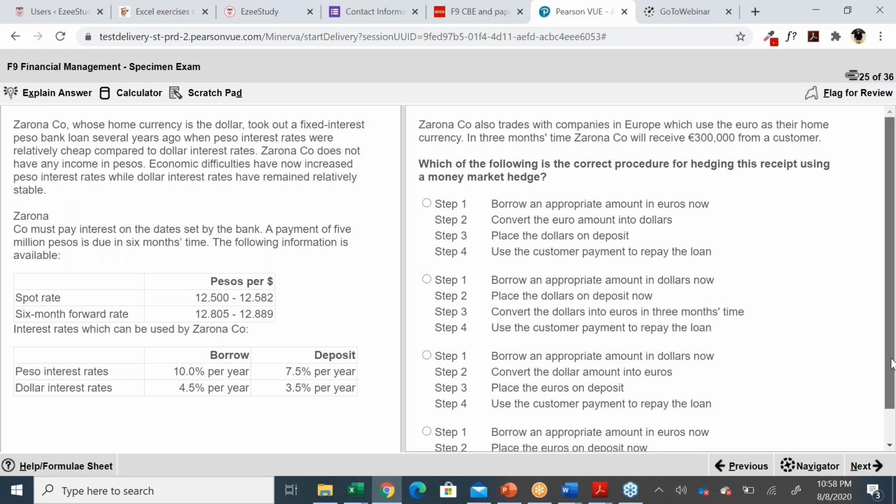Okay, that's again a very good question. That's telling you what is the sequence of a money market hedge for this company, the Zerona company. And we have discussed the sequence. First of all, this is a payment case, right? In the payment case, what does it have to do first?